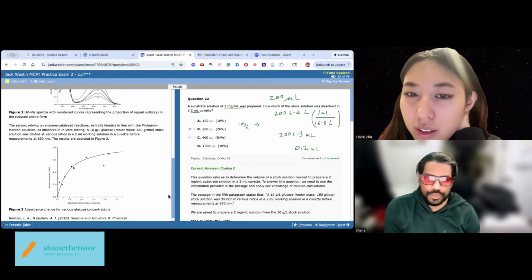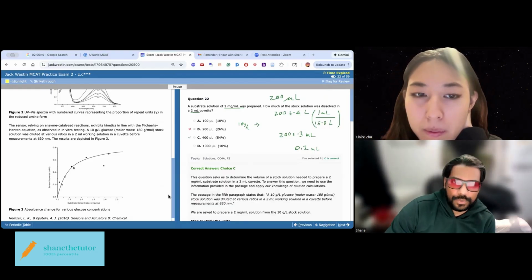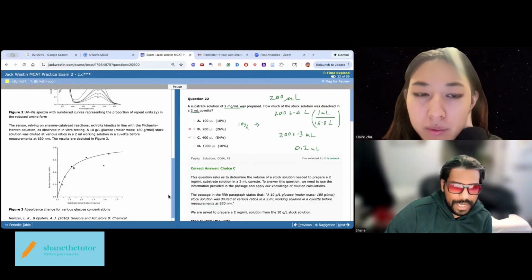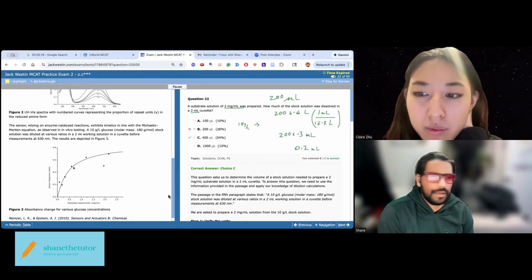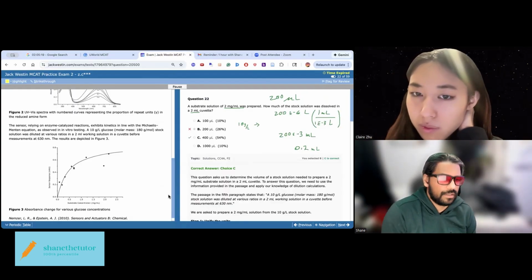The stock solution is the 10 grams per liter, so we can turn that into milligrams. Well, it'll be a really, really high amount. They diluted it at various ratios in a 2 milliliter working solution before they did these measurements.